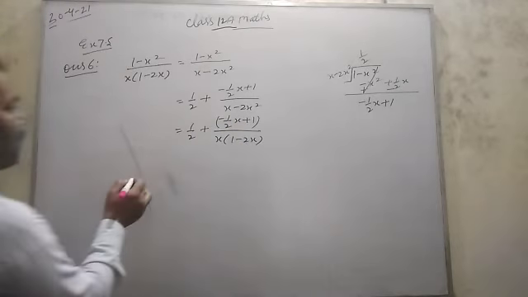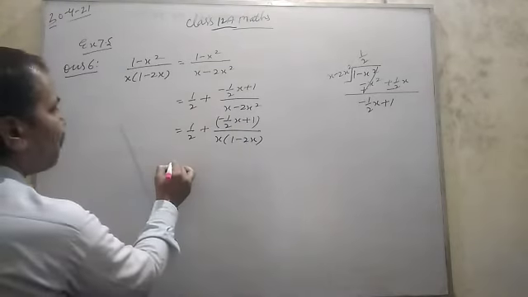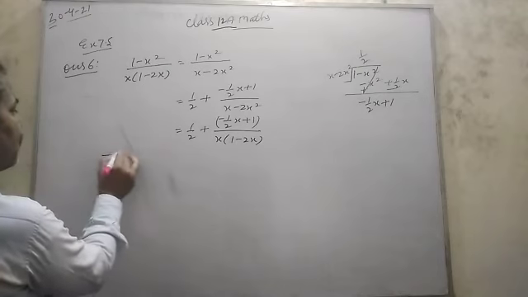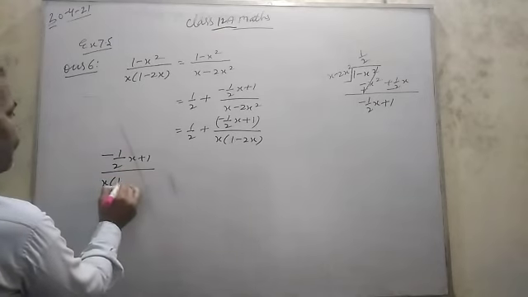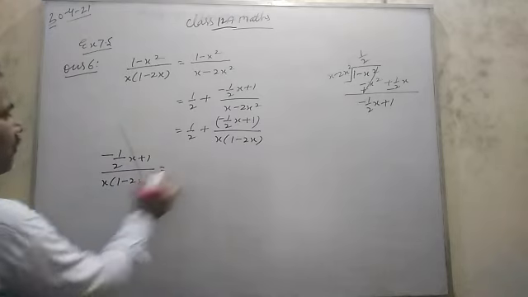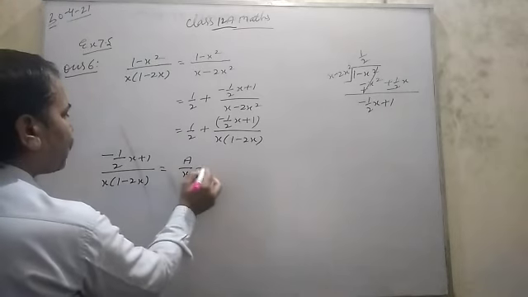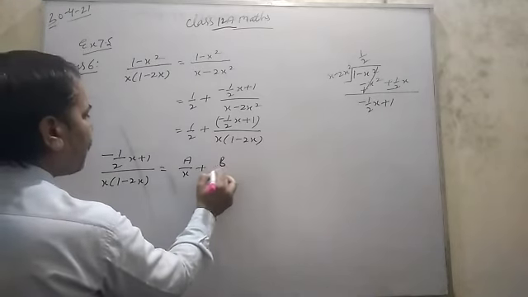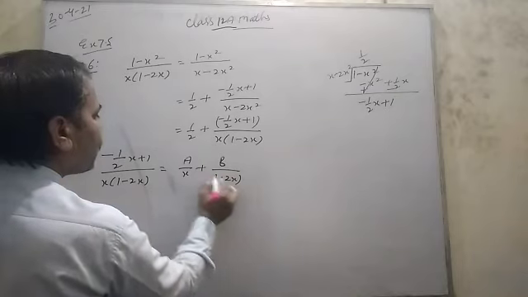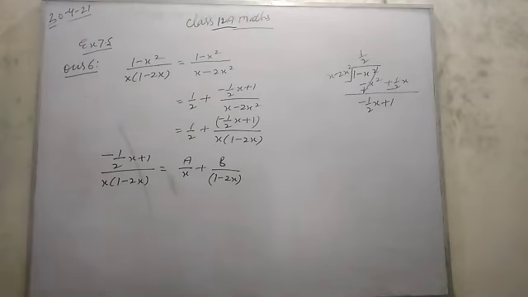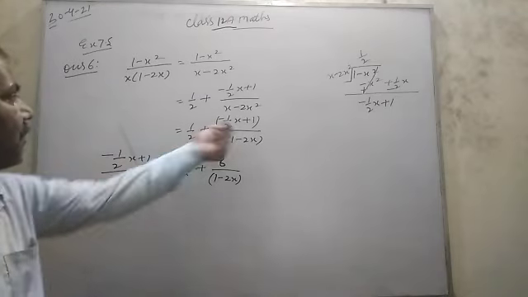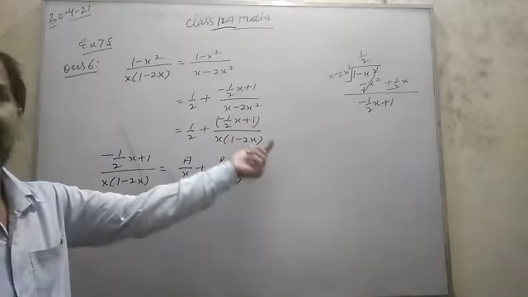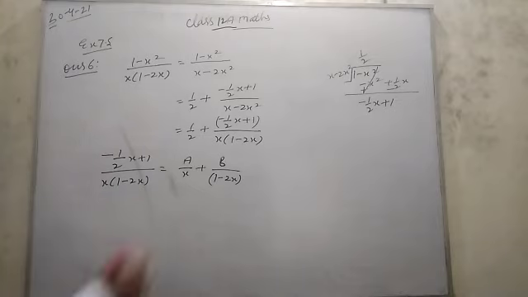And after that, separately, a upon x plus b upon 1 minus 2x. Then in place of that you can write this and find the a and b values, and after that put this in place and integrate it.